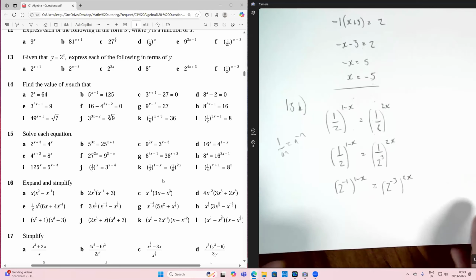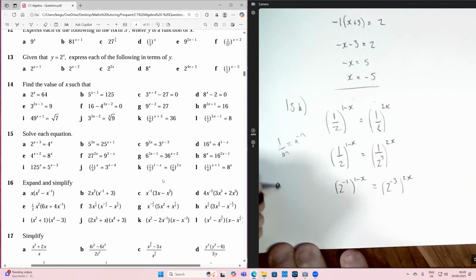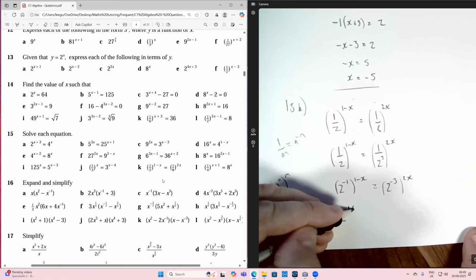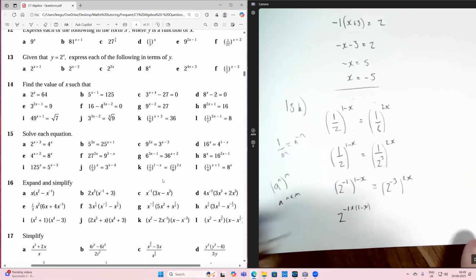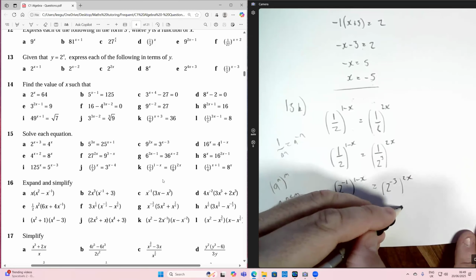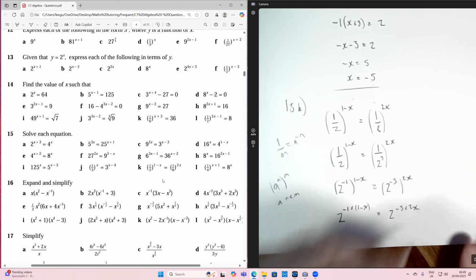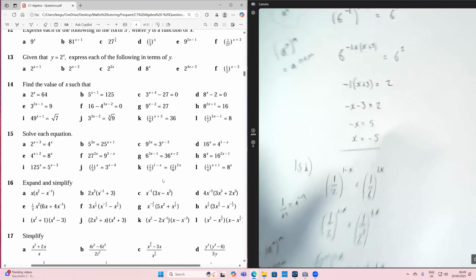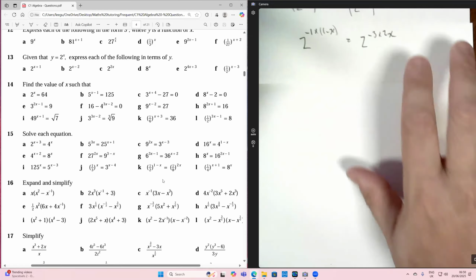Again, I'm now going to use the law that a to the power of n to the m is a to the n times m. This means that this is now 2 to the power of minus 1 times by 1 minus x is equal to 2 to the power of minus 3 times by 2x. And then once I've got to this stage, I can now just write down the indices.